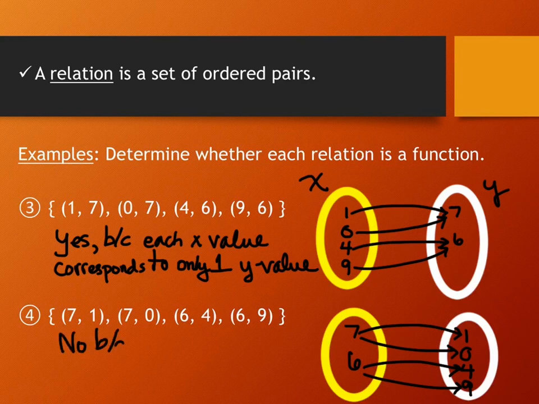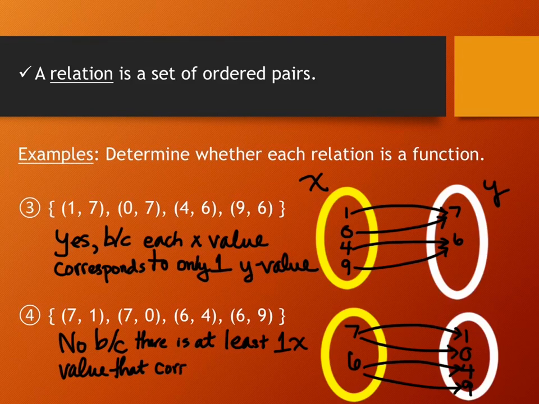And so it's no, because, and it doesn't have to be each x value, but there's at least one x value. We have more than one, but there's at least one x value that corresponds to more than one y value.